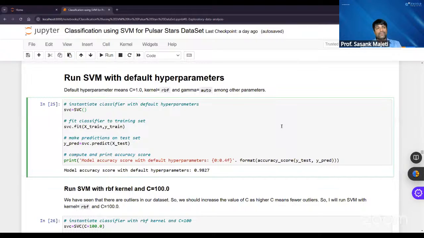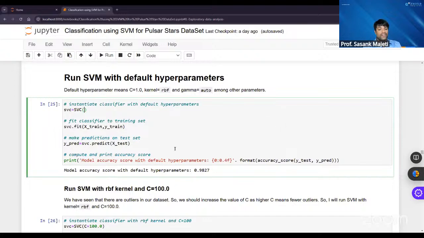If you want to apply the sigmoid function, linear function, and so on, you have to particularly mention that. So by default, the value of C is going to be 1.0, and the kernel is going to be RBF, which is the radial basis function.